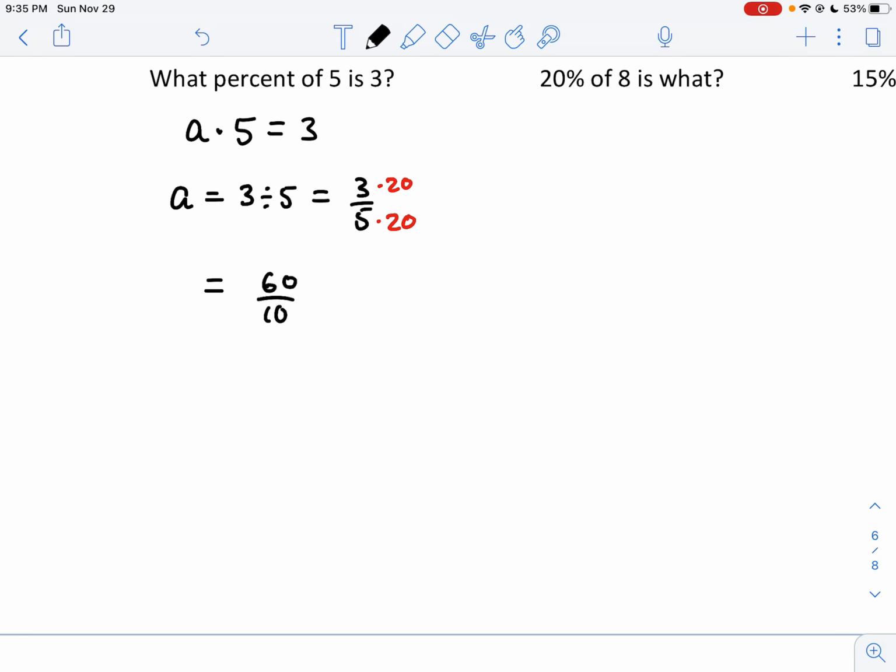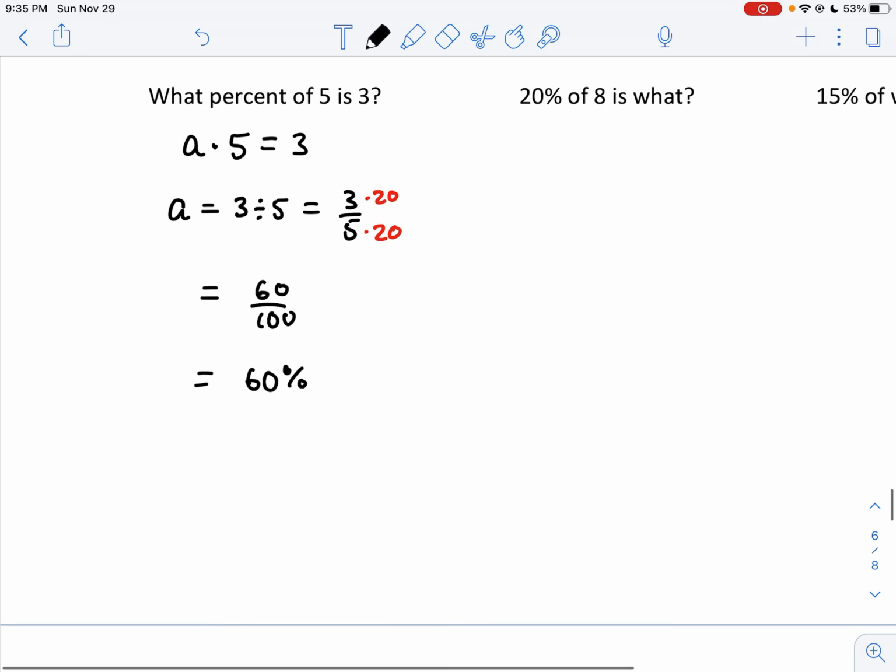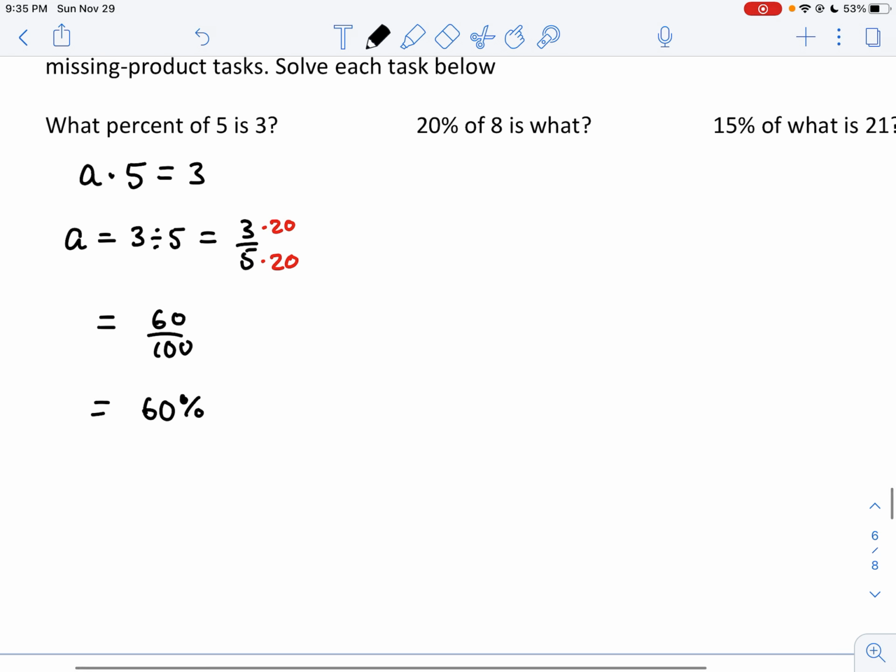So we multiply by 20 and 20. So we have 60 hundredths. And then that's easy to convert to a percent, because the per 100 is just replaced by the symbol. So 60%. So when the question is what percent of 5 is 3, the answer is 60%. If you do 60% of 5, you'll get 3.